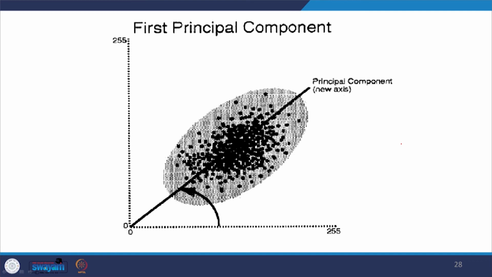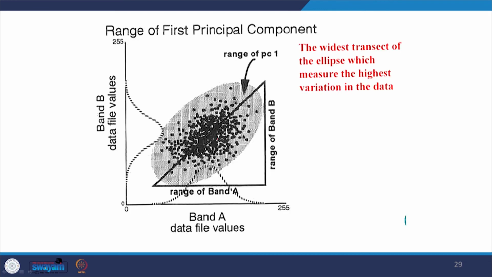You can see in the diagram here that the rotation of the axis is shown. This is my x-axis, and I am rotating it by a certain degree so that I get the maximum spread of the data along this axis.